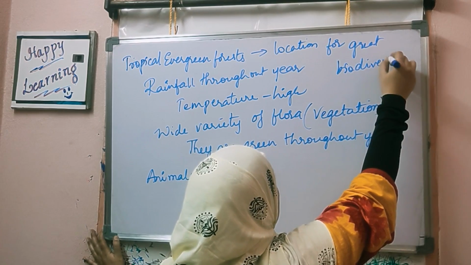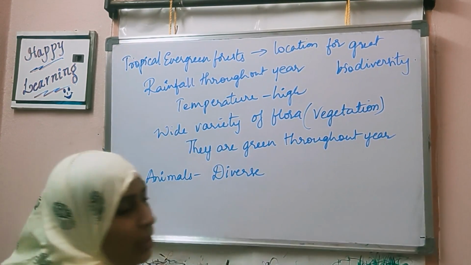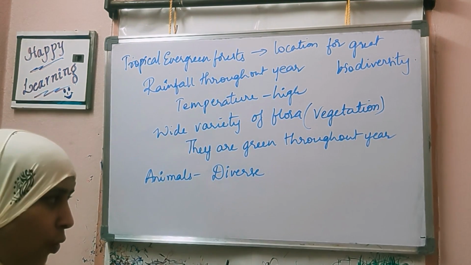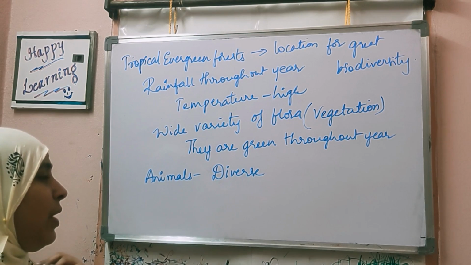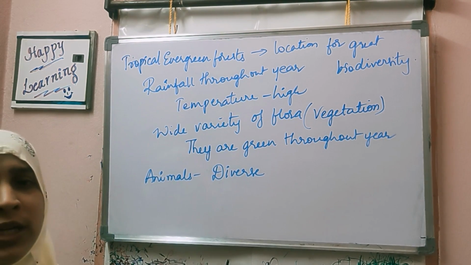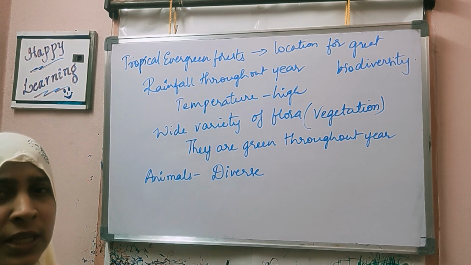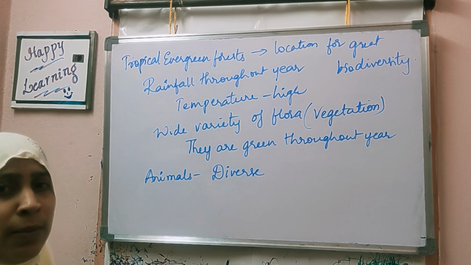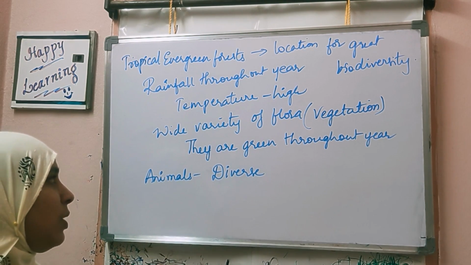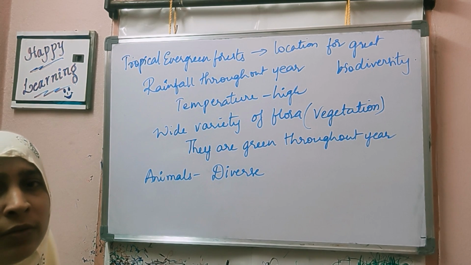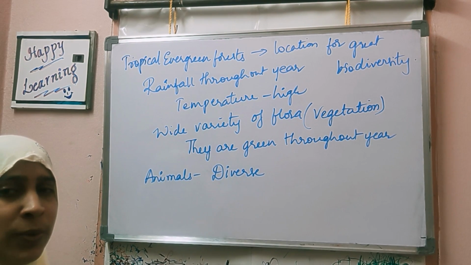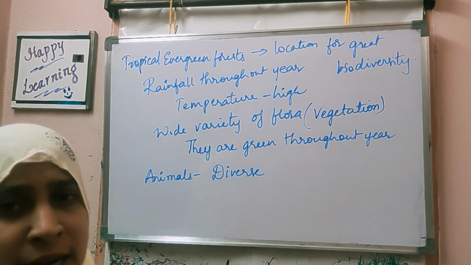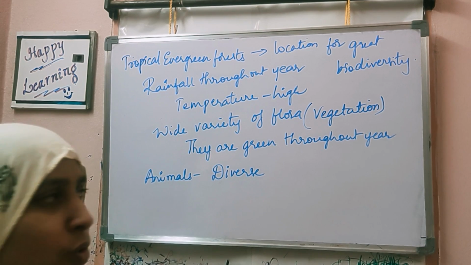They are located surrounding the equatorial region. In the equatorial region, the temperature is high and rainfall is throughout the year because of continuous evaporation from the soil and the ocean water, and transpiration from the trees. Because of this continuous evaporation, rainfall is continuous and plants are green.